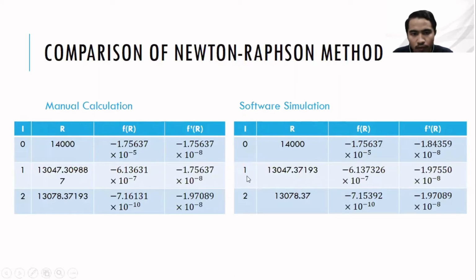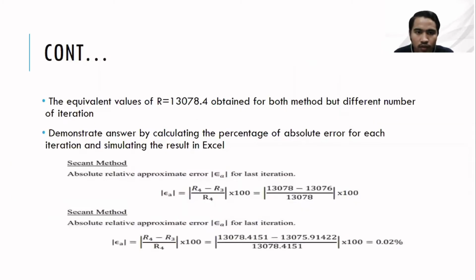Both of them have the same number of iterations, which is 2, and the value is also quite the same for both manual calculation and software simulation. So from the result, the value of R is 13078.4, obtained for both methods but with a different number of iterations.